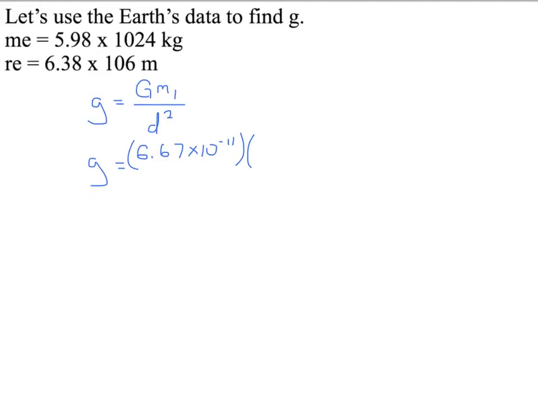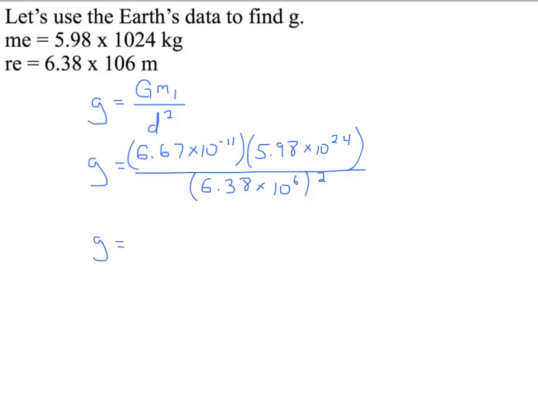Mass of the Earth is 5.98 times 10 to the 24. And the radius of the Earth, we talked about that the other day as well, 10 to the 6. And then don't forget, we've got to square it. We work that all out in our calculator and we get 9.8 meters per second squared. That is just our g value on Earth. We know that already, but that's where it comes from.